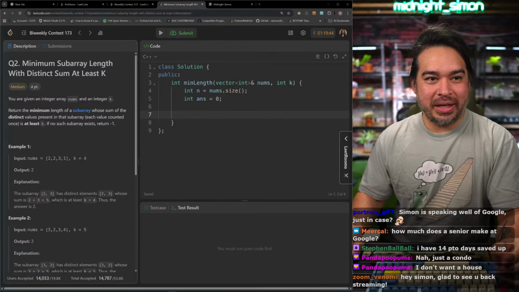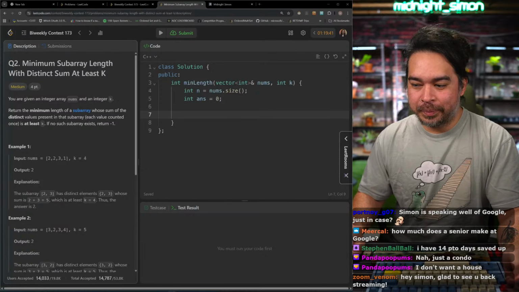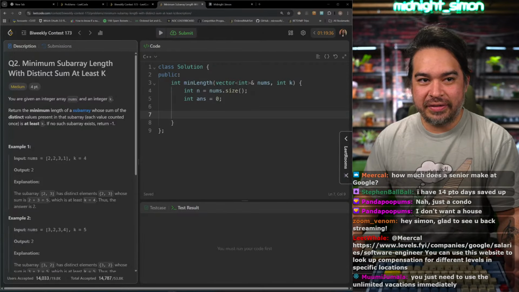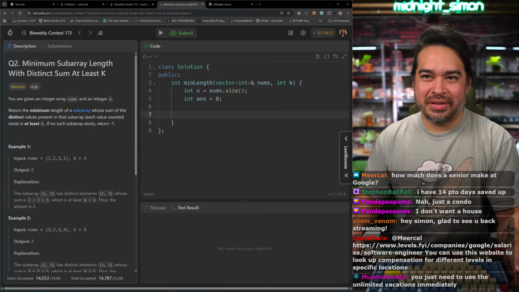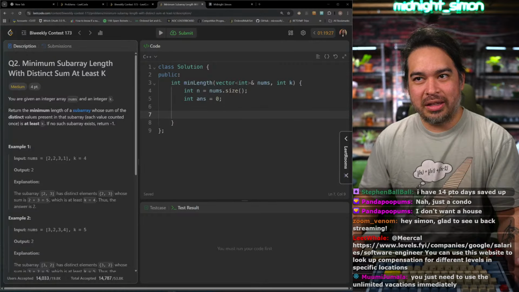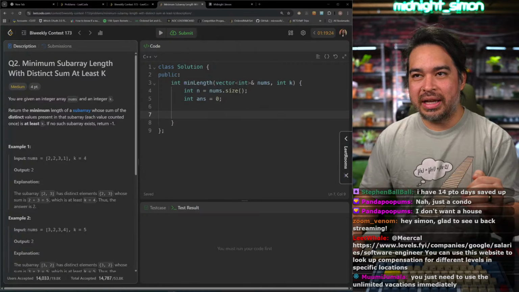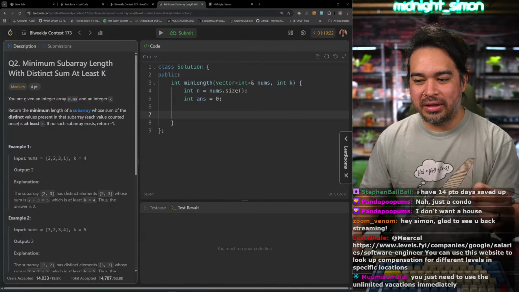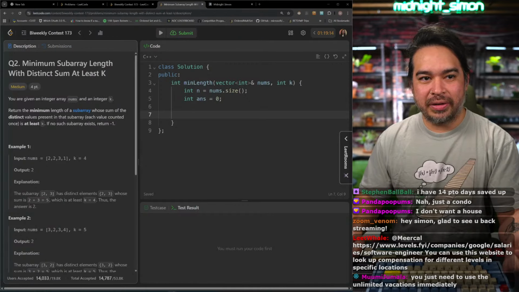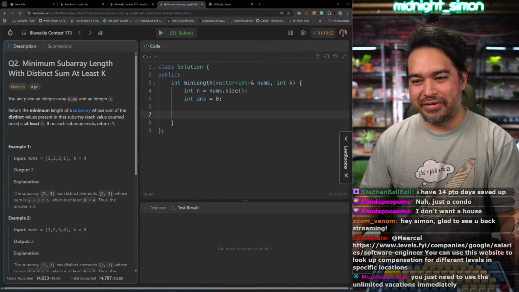How much does a senior make at Google? Depends, but I'd say around 450, 550. Around 400, yeah, it really depends. Probably around 500 for a senior. It depends if you got internally promoted. If you've been at the company a long time and you got internally promoted to L5 versus a new hire L5, an internally promoted L5 probably makes 350, 400.